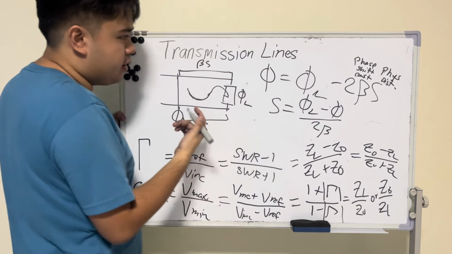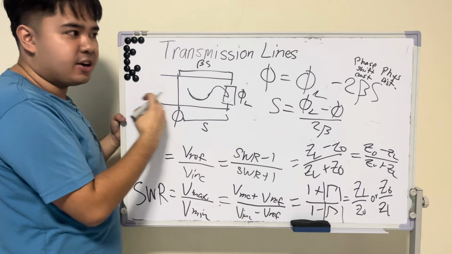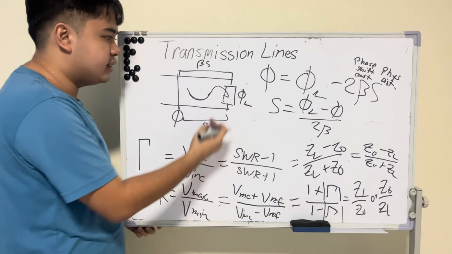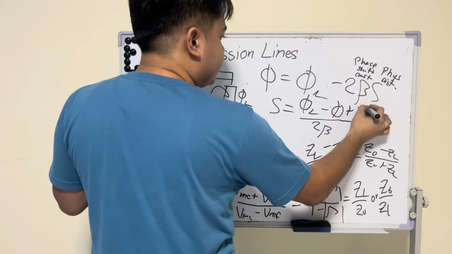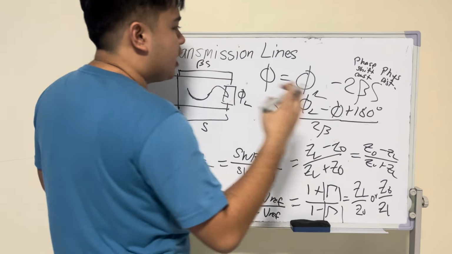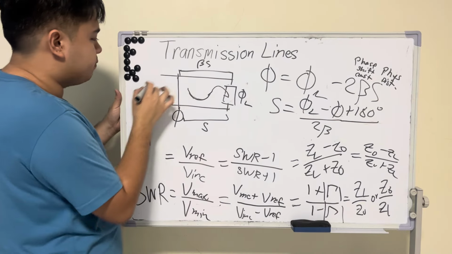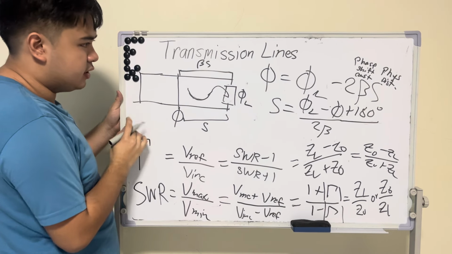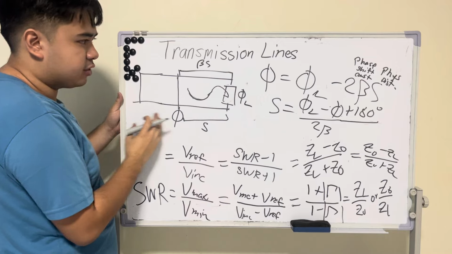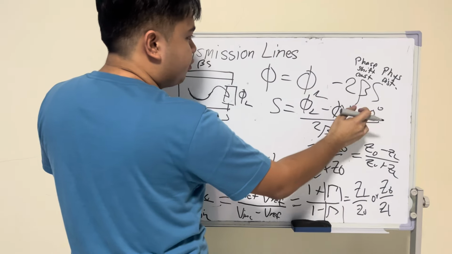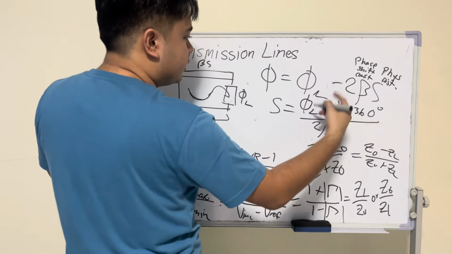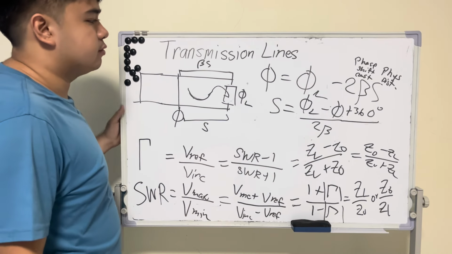Now, remember, every 180 degrees or every half wavelength, this changes. So, we have to add 180 degrees if you want to find the second part right here, where the phase also repeats. Or you can have 360 degrees for a full wavelength. Alright? So, there we go.